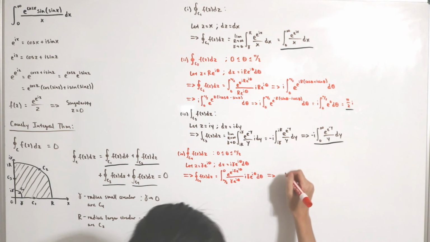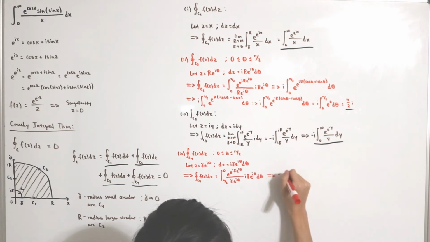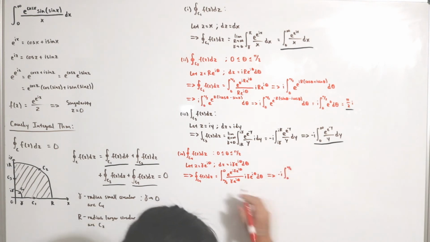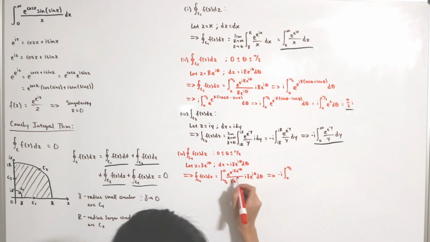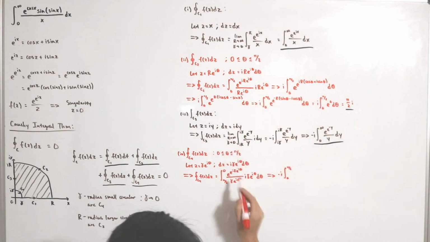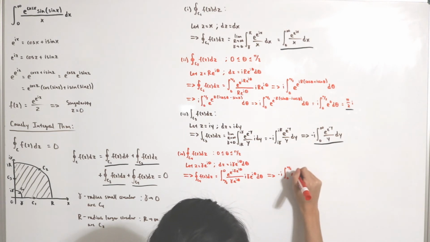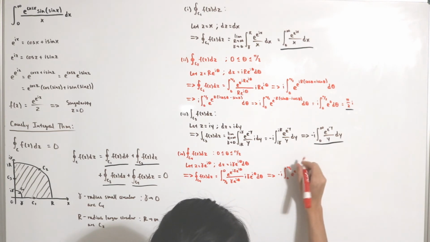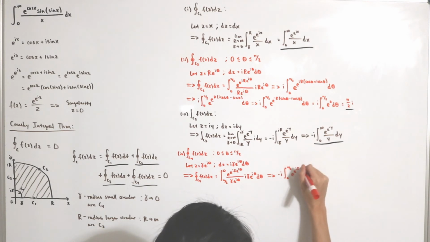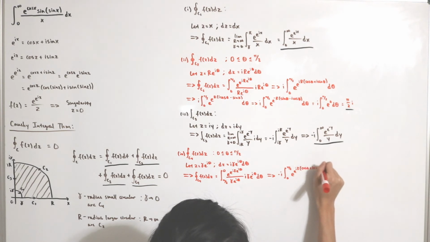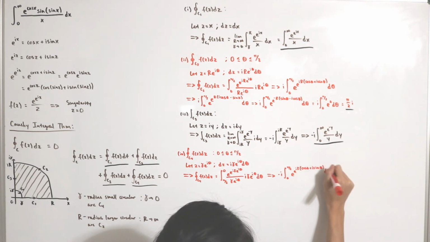That means we'll end up with a negative, and I can factor out the i, so it's negative i, and then from 0 to pi over 2, and then just like the same step, I'm going to replace the e to the i theta from here with Euler's formula, so it's e to the power e to the power i theta multiplied by cosine theta plus i sine theta, then d theta.